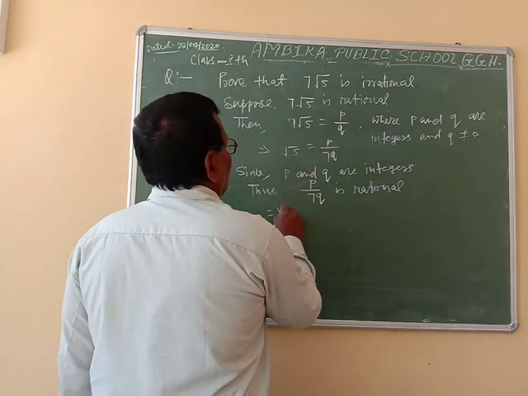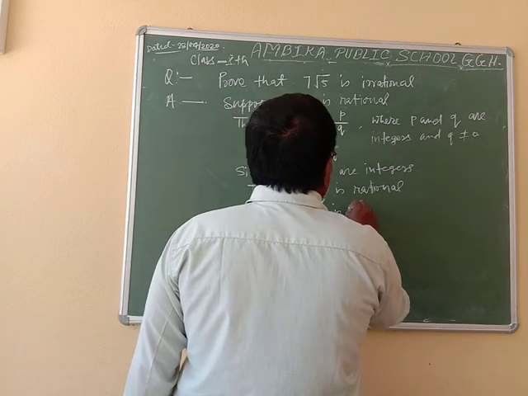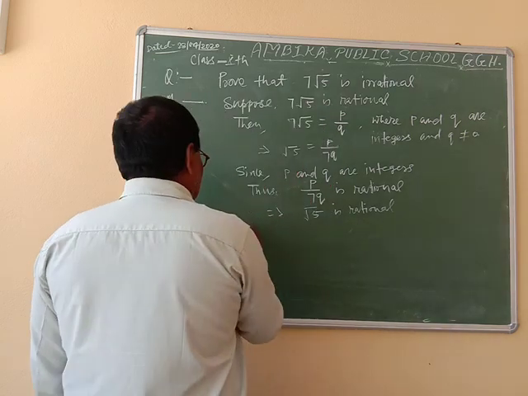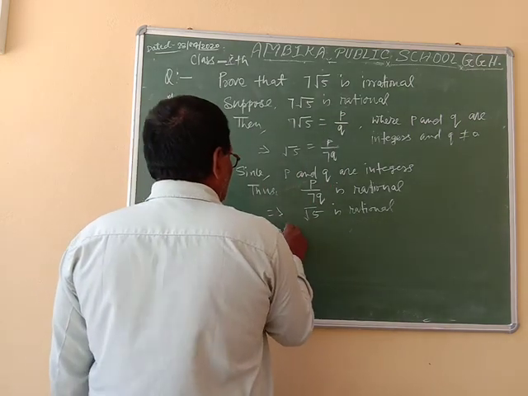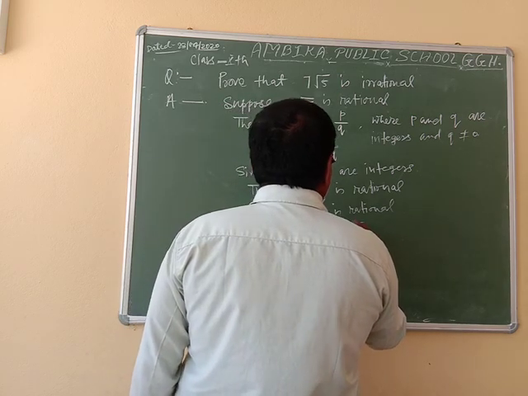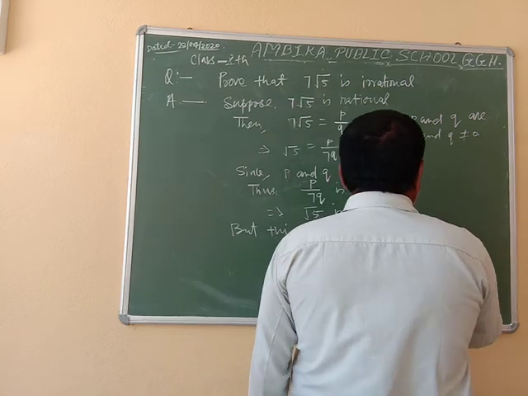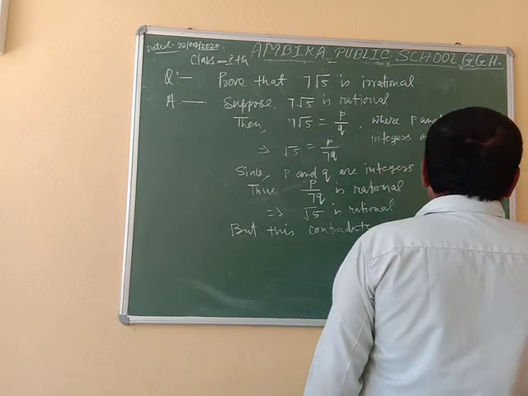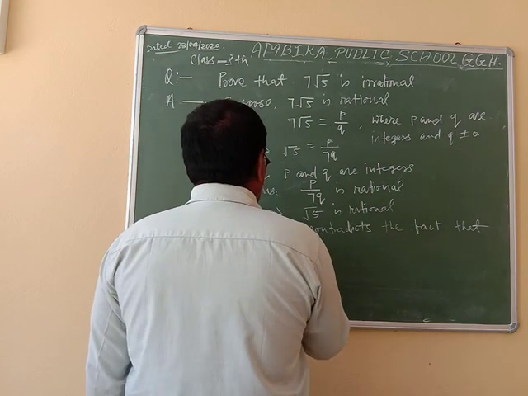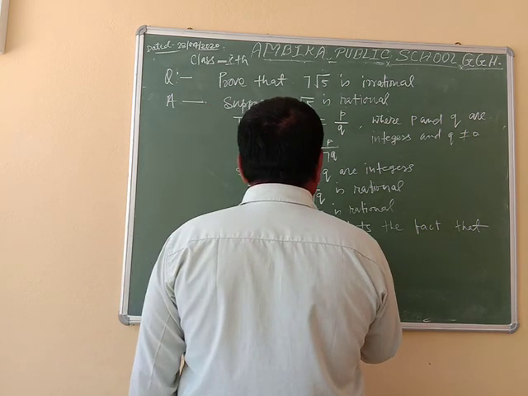So root 5 is rational, but this contradicts the fact that root 5 is irrational.